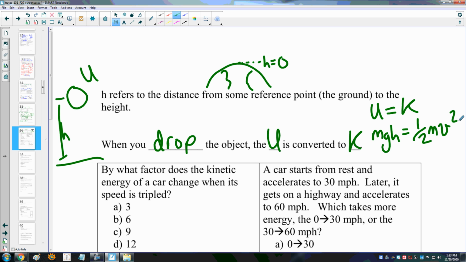And so, you might say, well, this seems like a really simple way to figure out the speed of something when it drops through a certain height. If I can really say that the potential energy is equal to the kinetic energy, then look, all I need to know is the h, the height of the object, the mass, and then I can solve for the speed of the object when it falls through that distance. And you would be right. It is a really simple way to figure out the velocity of an object or the speed of an object when it falls through a certain distance.